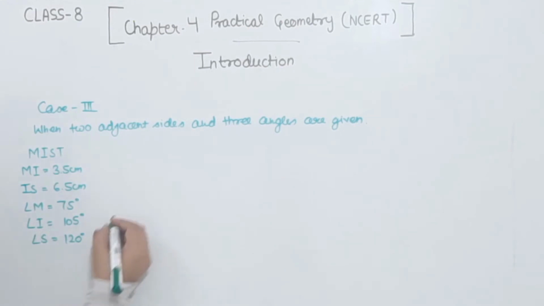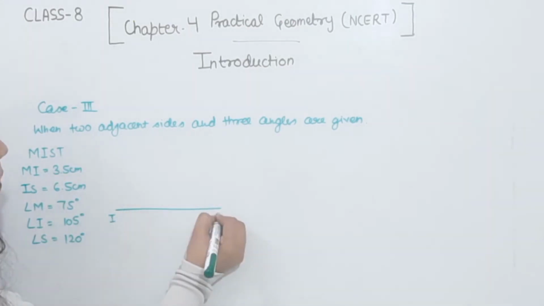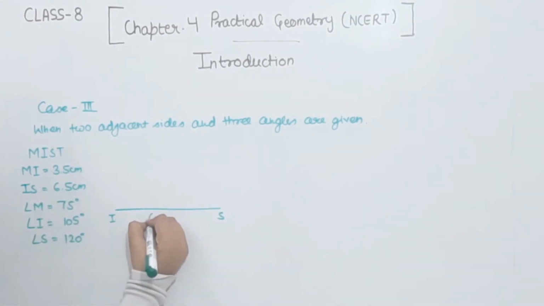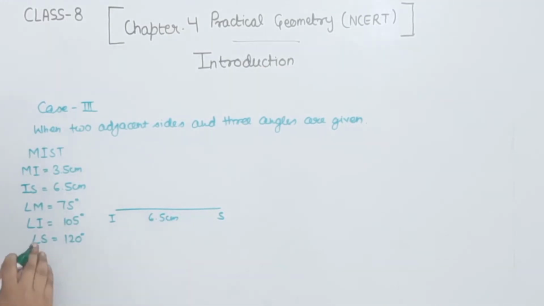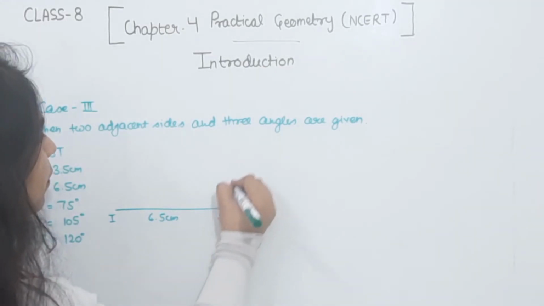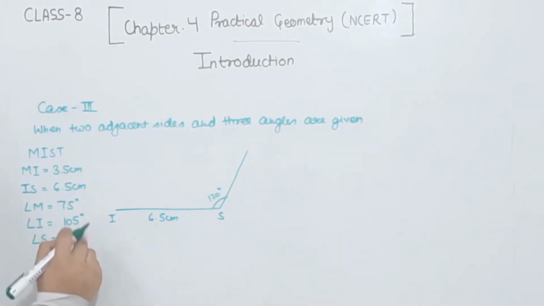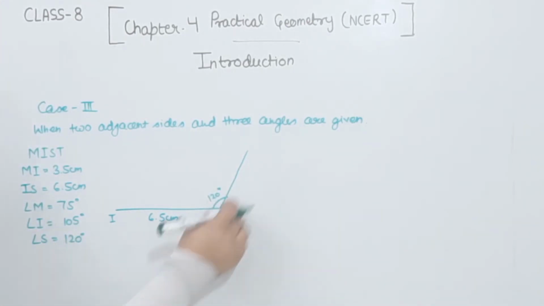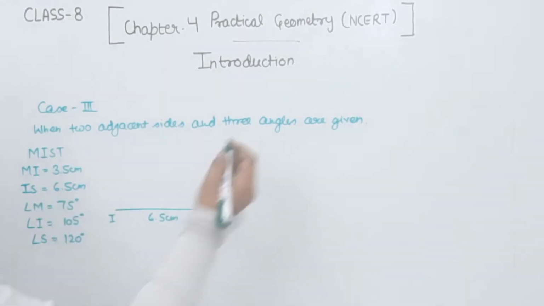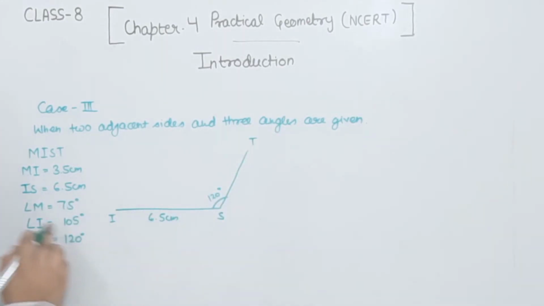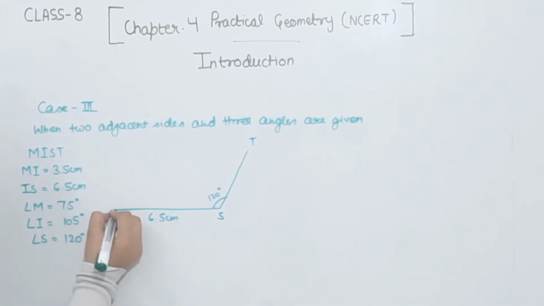First of all, I am going to take IS. This is IS, which is 6.5 centimeters. Now angle S is 120 degrees. So this is the 120 degrees. So this is I, this is S, then this point will be the point T. The angle I is 105 degrees, so we draw this one. This is the 105 degrees.